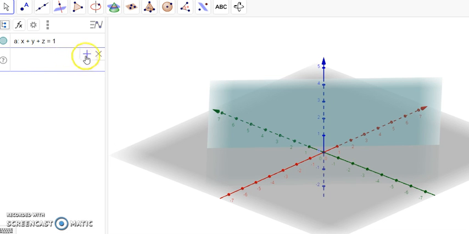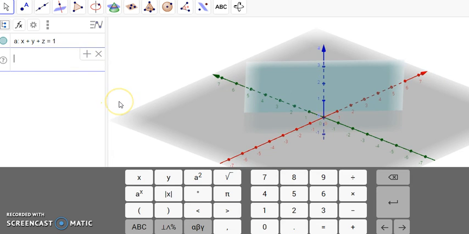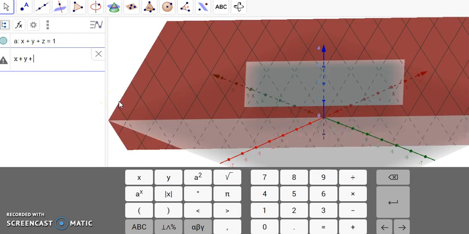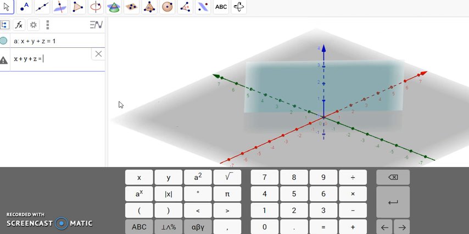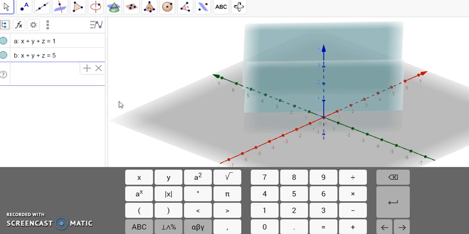We'll put another plane here. So let's chuck in another one. Let's call it x plus y plus z equals 5. There's another plane, and we'll chuck in another one because we said three unknowns, three equations.